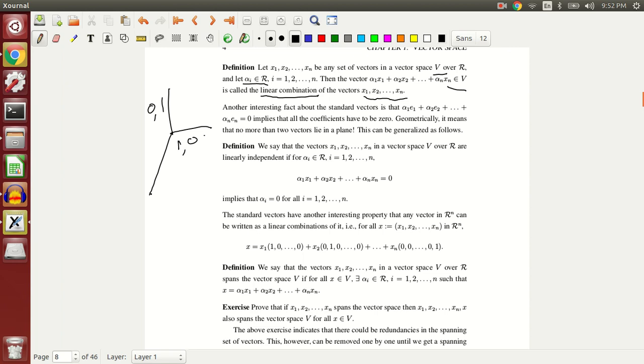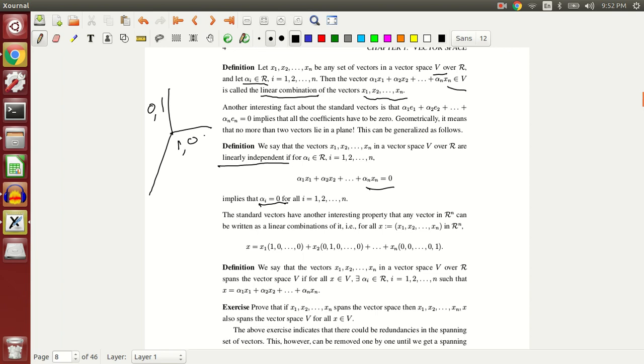So the scalar product of individual vectors, when you add all these vectors, if they result in 0, that is the definition of linear independence. Basically, that would mean x1, x2, xn are linearly independent. That would also imply, by definition, that this is only true if alpha i is 0, where i takes the value from 1 to n.